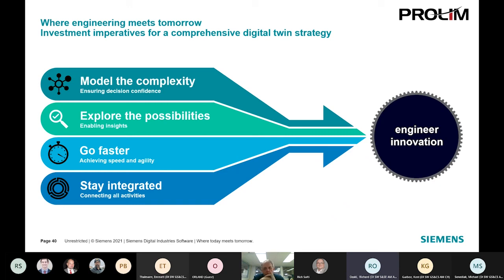We can explore the possibilities with HEADS, with the intelligence to drive all the variants. We can go faster by automating things and by managing the data. The fact that it's for design engineers to perform this means that you don't have to wait for the analyst team. And again, staying integrated.